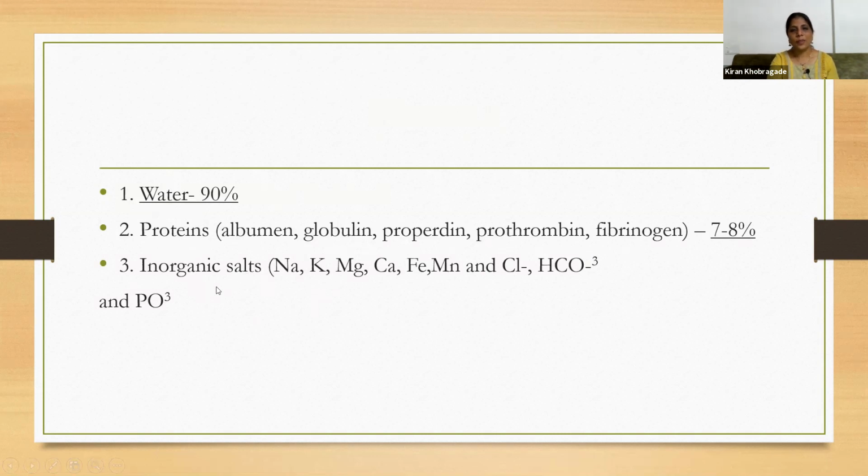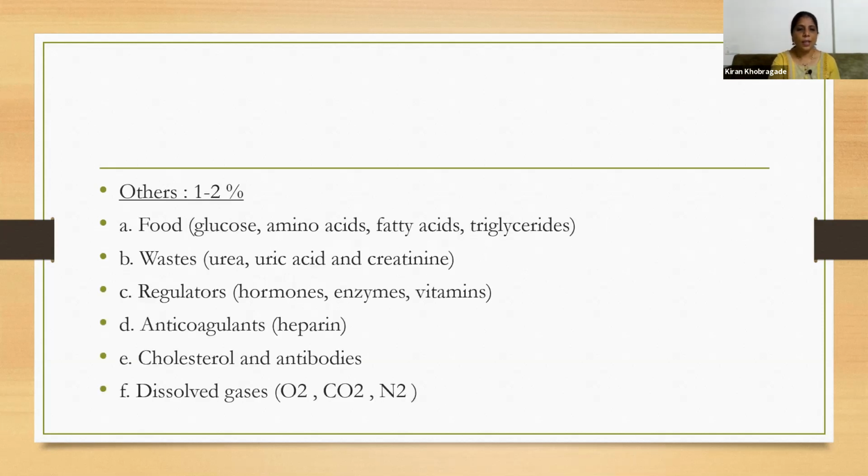Then it consists of inorganic salts, that is sodium, potassium, magnesium, calcium, ferrous, manganese, chloride, bicarbonate, and phosphorus ion. Others constitute 1 to 2%. Then food, it consists of glucose, amino acids, fatty acids, triglycerides. Triglycerides means a form of cholesterol. Then waste in the form of urea, uric acid, and creatinine.